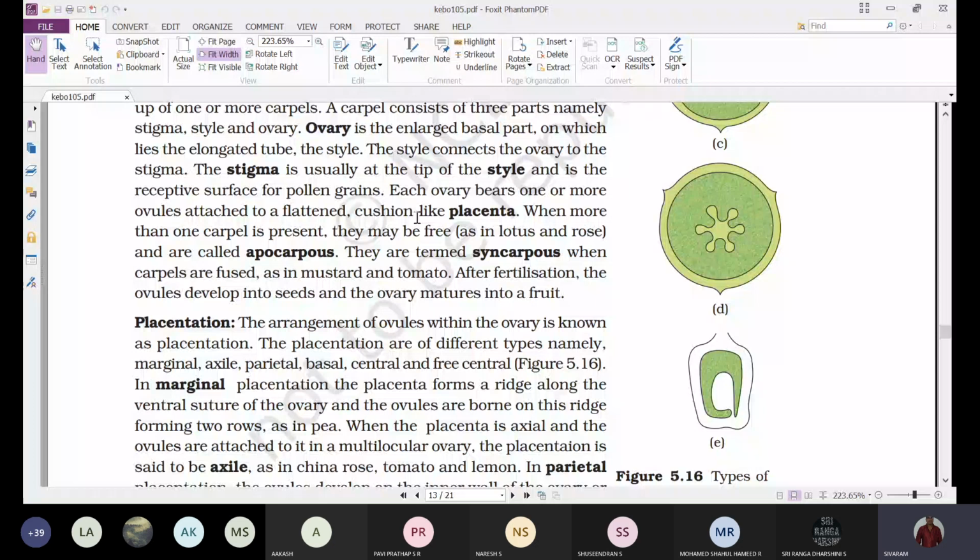So if you observe many seeds inside the fruit, it indicates that the ovary possesses a large number of ovules. Even inside the datura fruit we find a large number of seeds. So the number of ovules inside the ovary may range from one to many.